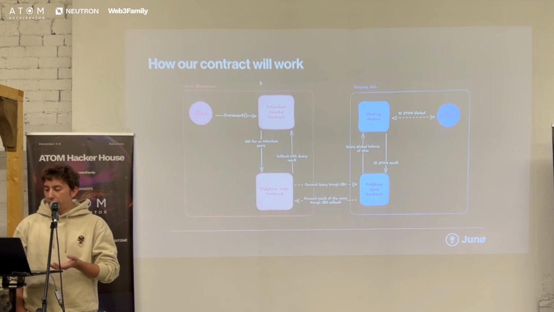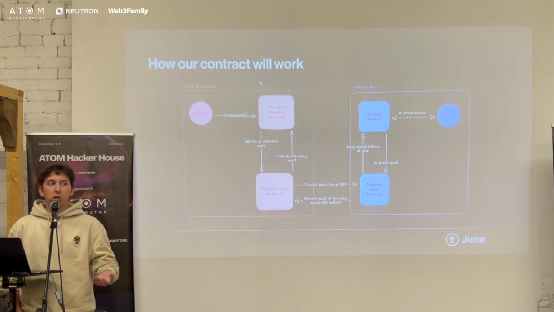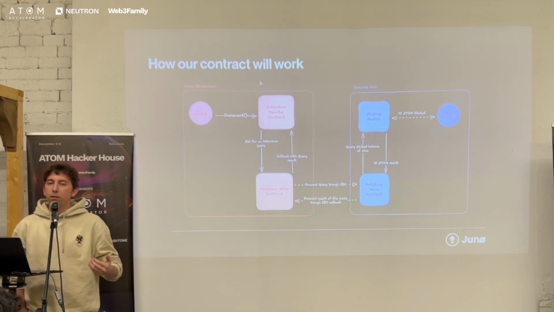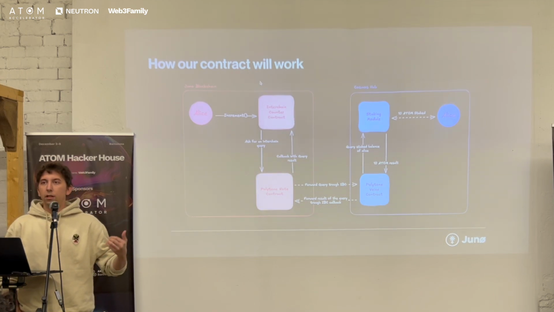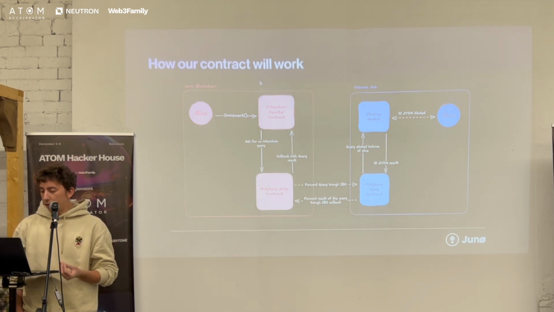So of course, applying this logic when we are working on a monolithic chain is very easy, because you have everything in the state of the blockchain itself, so you can query the staked balance locally. But when you want to query the staked balance on another chain, you need to use interchain queries and IBC. And this is what we are going to do today.